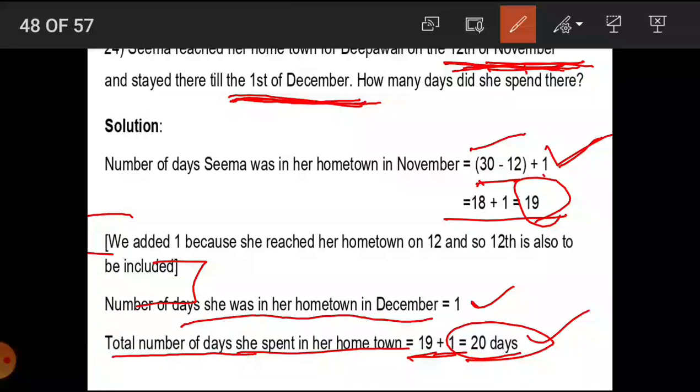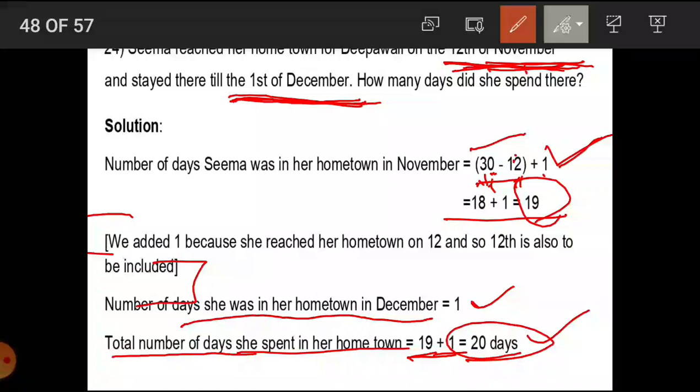Or the second reason can be, as we subtract from the 30 days we have in November, if you count from 12, the 30th is also included in the counting. So both days are being included, so we have to add 1 day extra to the solution. Is it clear? Hope everyone has understood how the calculation is done.